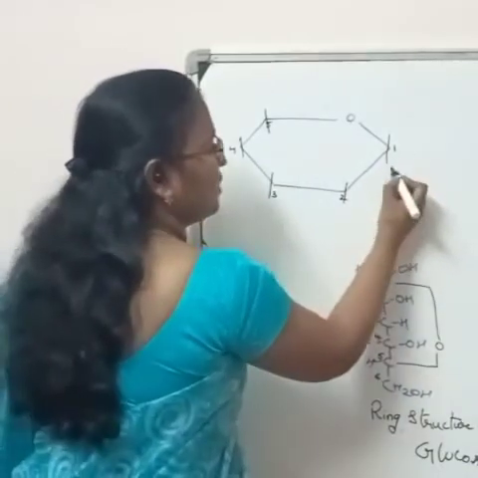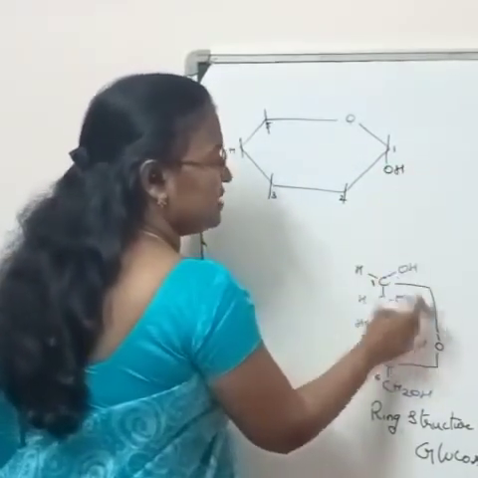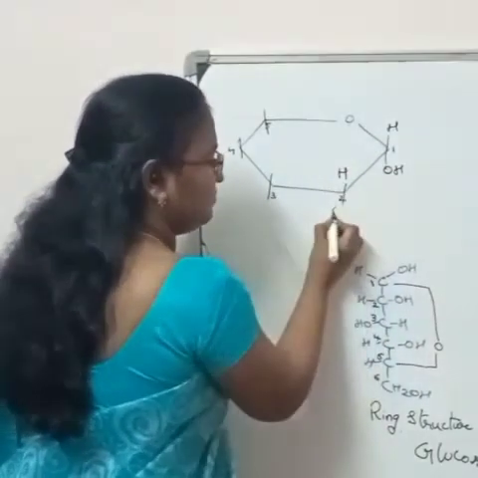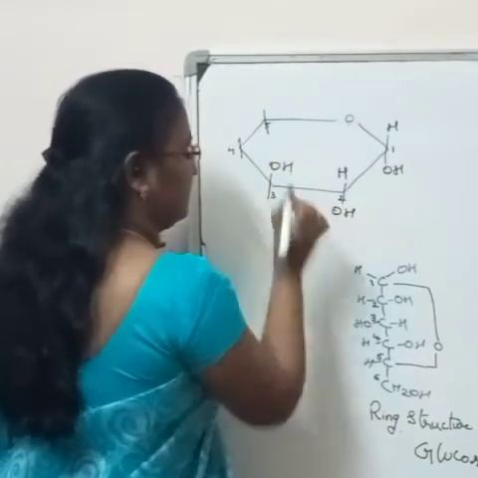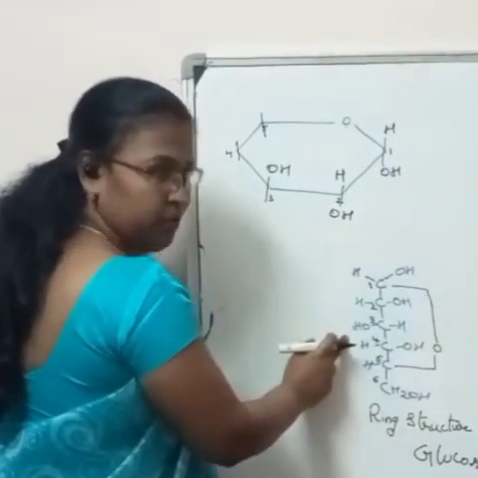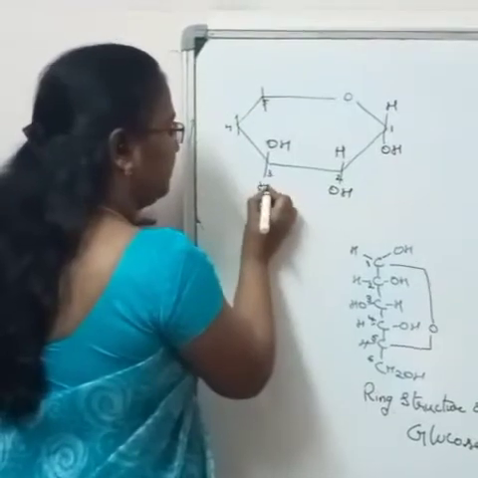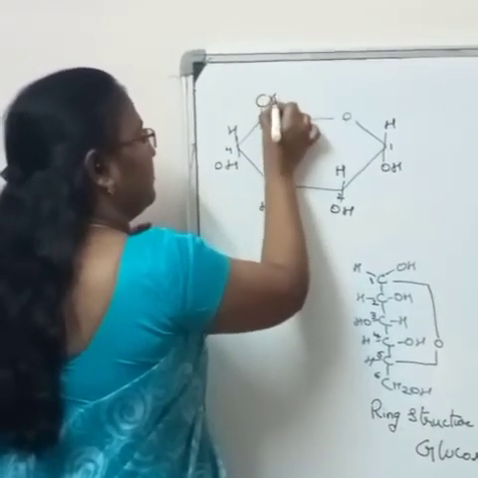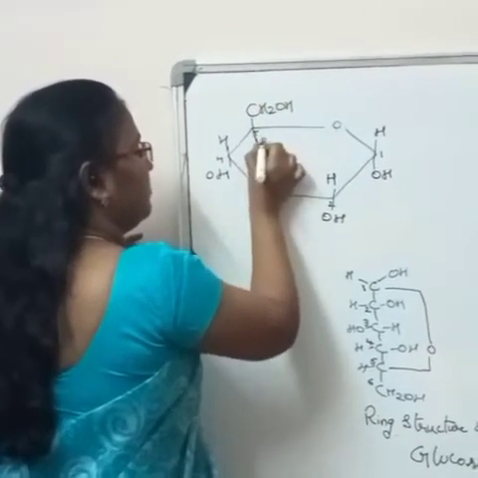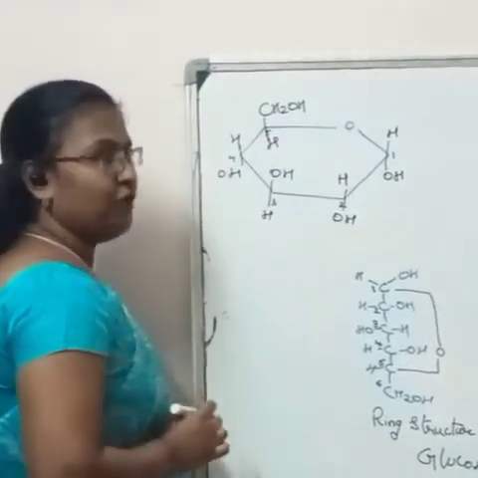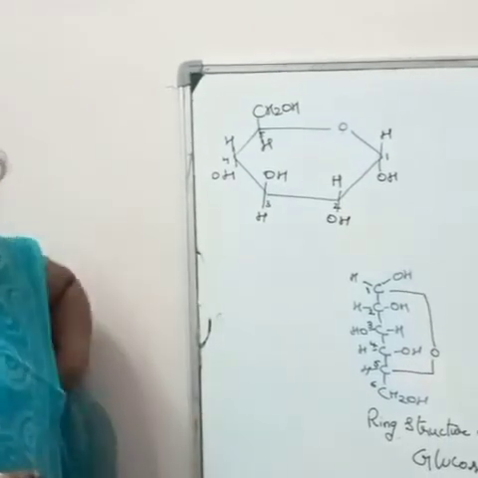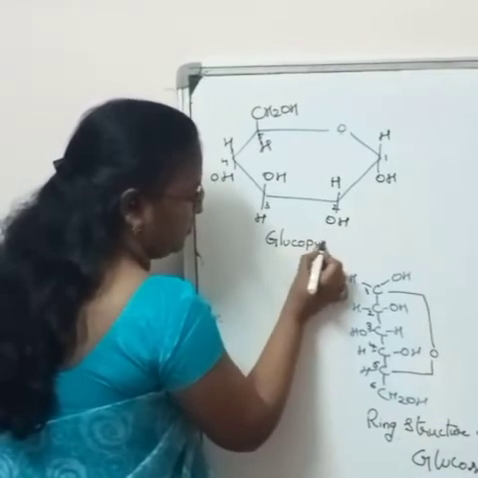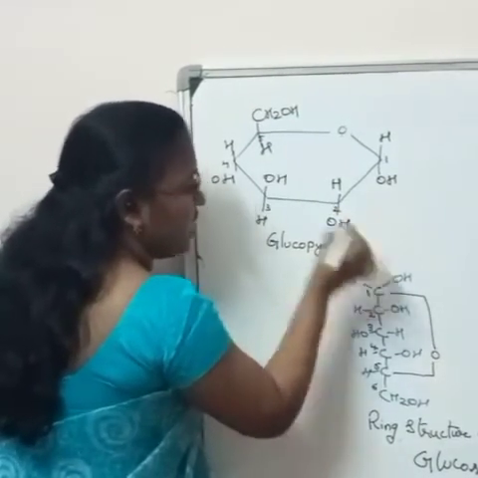So for the first carbon, the hydroxyl group is towards the ring, so it is outside, and here the hydroxyl group is opposite to the ring structure, so it is inside. So this is the Haworth projection of glucose. We call it glucopyranose.